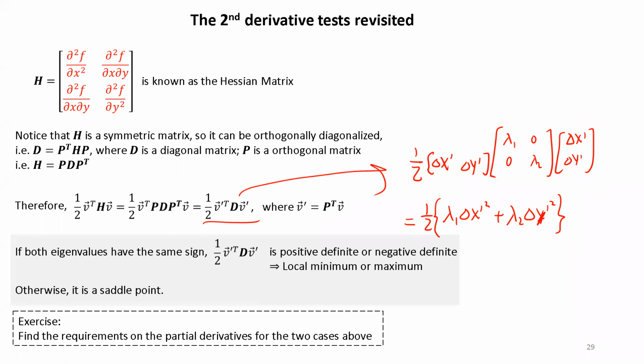And that is the case for the saddle point. The first two cases are the minimum point and the maximum point respectively. So therefore, it really comes down to the properties of the eigenvalues of this matrix.